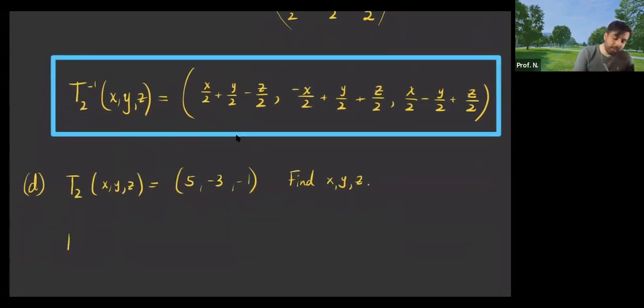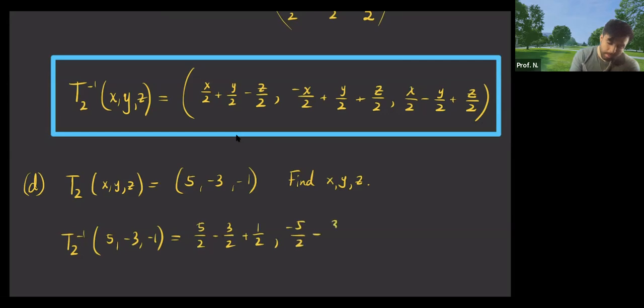Well, that's the same thing again, right? It's like saying T2 inverse of 5, negative 3, negative 1, and you're plugging that in. So this becomes 5 halves minus 3 halves plus 1/2, comma, negative 5 halves minus 3 halves minus 1/2, comma, 5 halves plus 3 halves minus 1/2. 5 minus 3 is 2. 2 plus 1 is 3 halves.